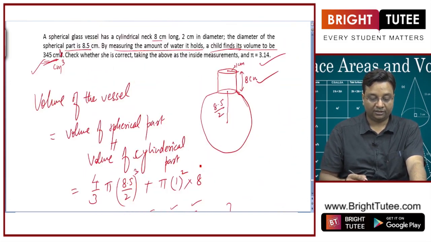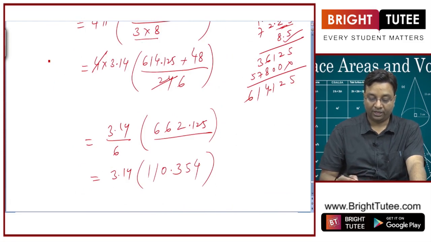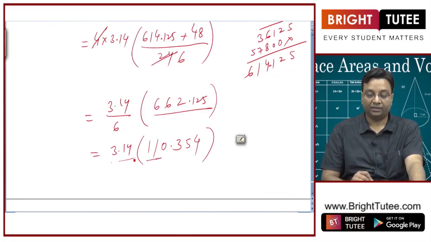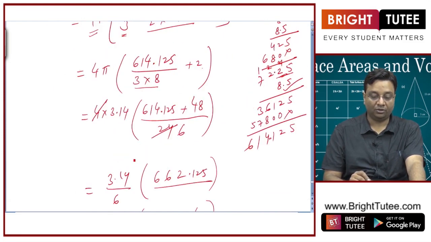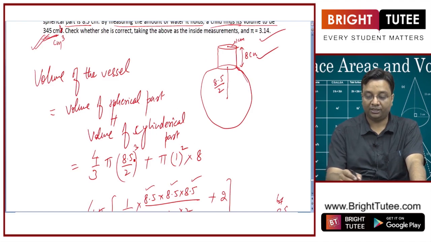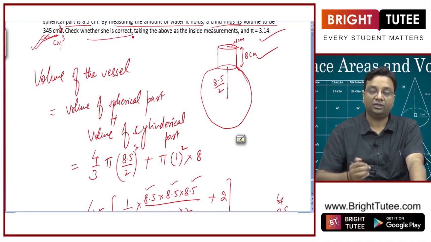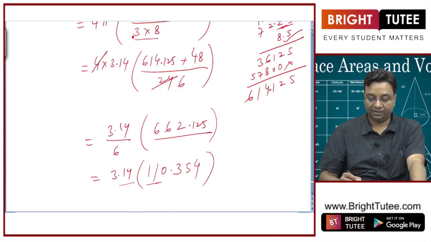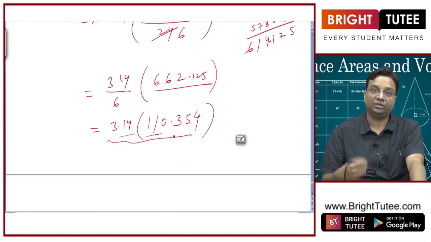Now look at this child's calculation. It is 345. Look at our calculation. It is 110 point something into 3.14. It will not be equal to 345, right? So from here itself you can say that the calculation of that child is not correct, right? Because this will not result into 345.